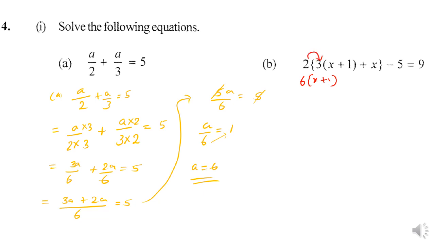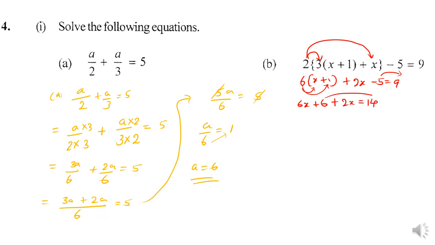This is multiplication like this, and then we multiply like this, plus 2x minus 5 is 9. So we take this 5 to this side, and then it becomes plus 5. Then we multiply this also, we just simplify 6x plus 6 plus 2x is equal to 14.